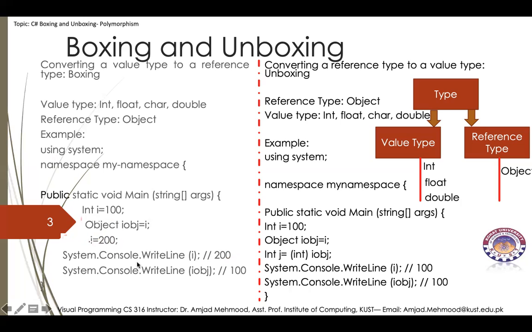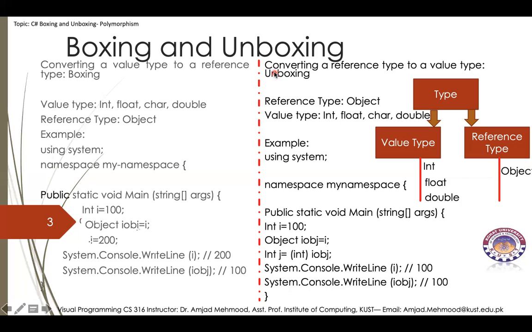So you have 200, and as you assigned the integer value to the object, now the value of I object is also 200. Sorry, it displays 100, because at this step you have integer value 100. So 100 will be assigned to the I object, which is a variable of reference type. So 100 will be displayed.